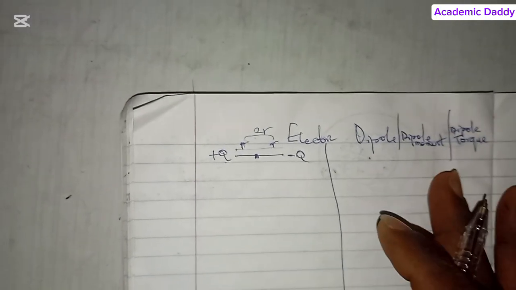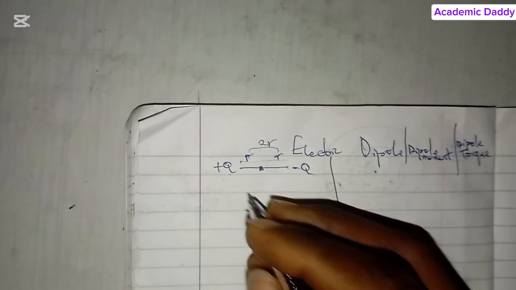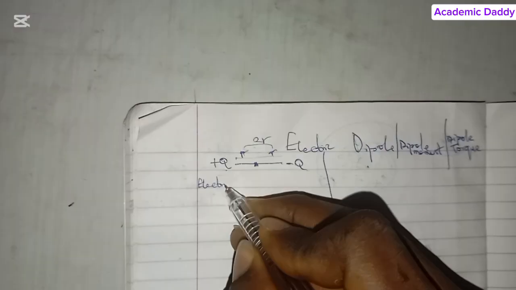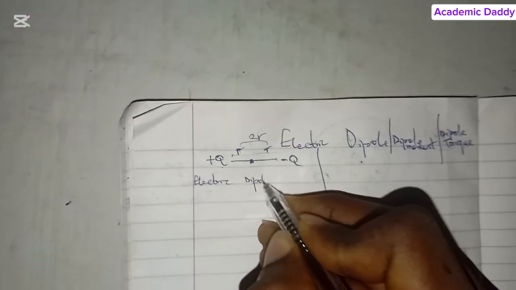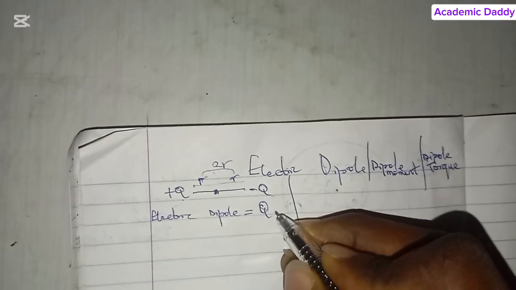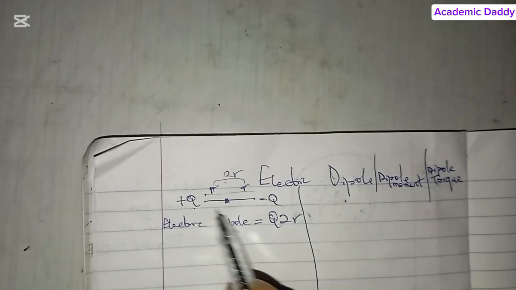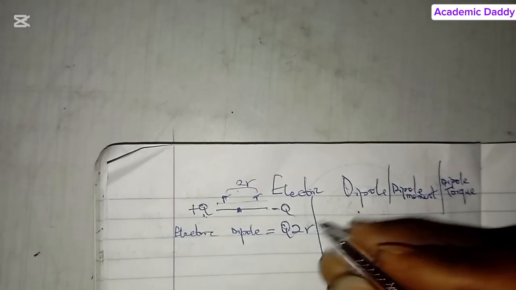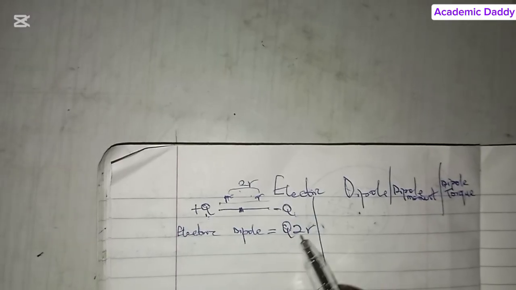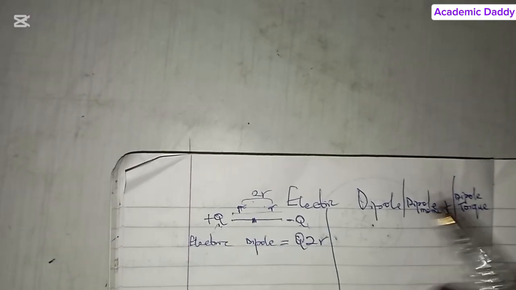Now, what is dipole moment? Please look at this. The electric dipole is equal to Q times 2R.